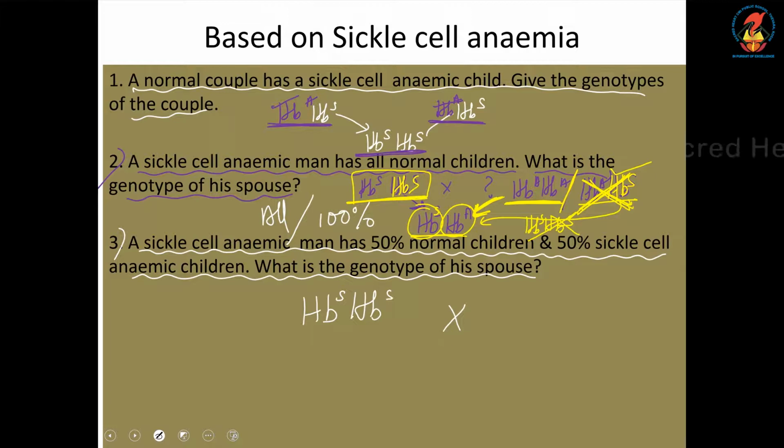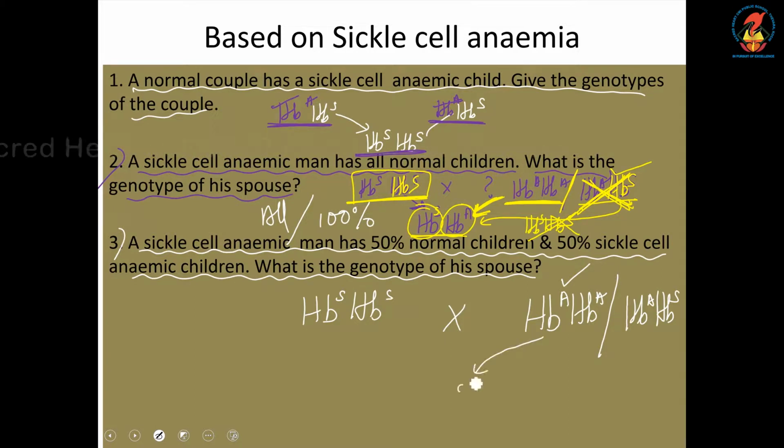And the woman, his spouse or wife, we should go for this option or this option. Now, if we go for this option, all the children will be normal, because we saw in the previous question, but if we go for this option, there is a chance of 50-50.